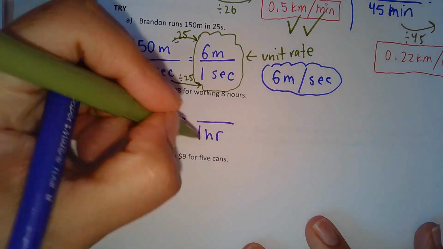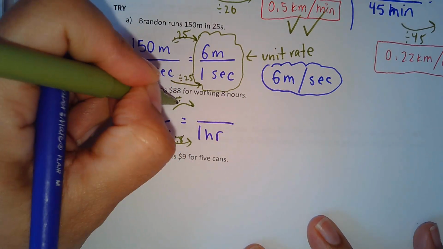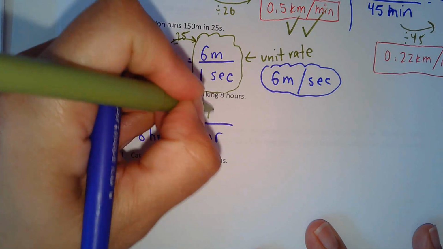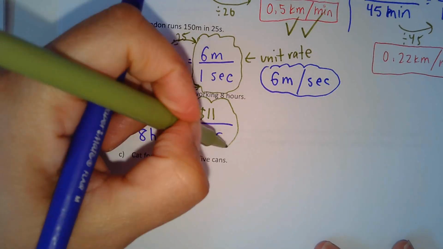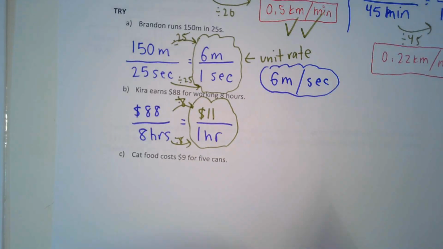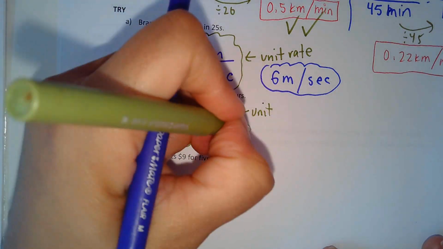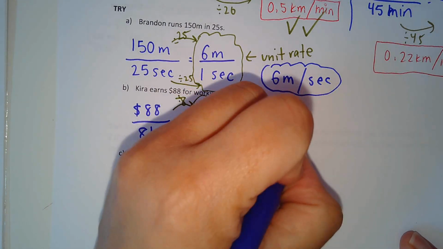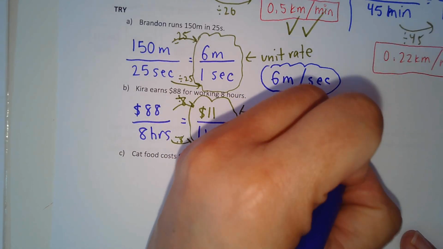So I divide the bottom by 8, divide the top by 8, and I end up with $11 per 1 hour. So this here is my unit rate. And a more efficient way of writing that out is $11 per hour.